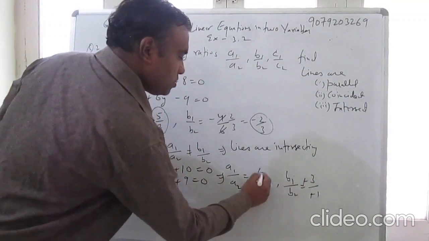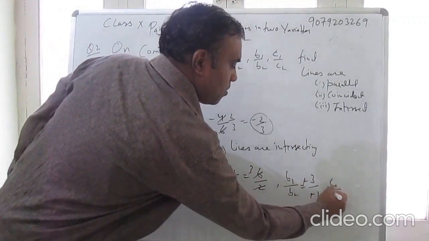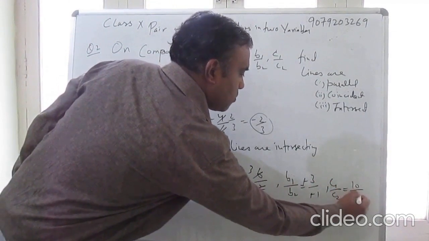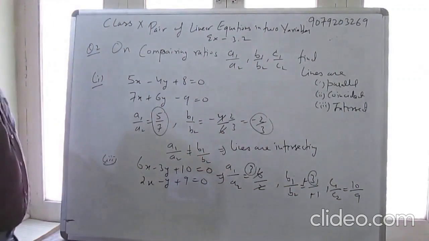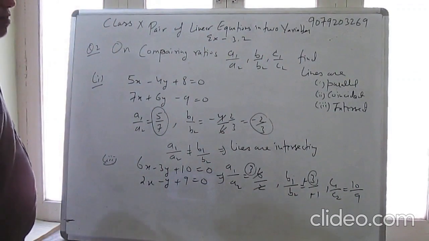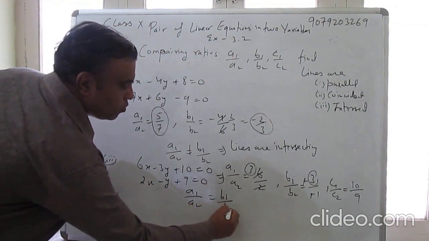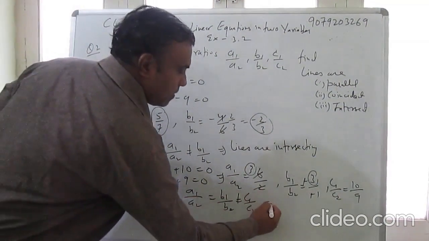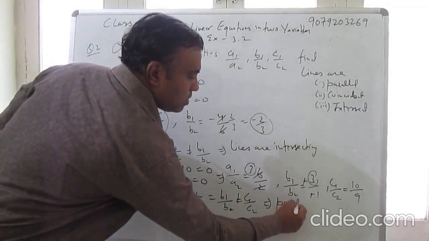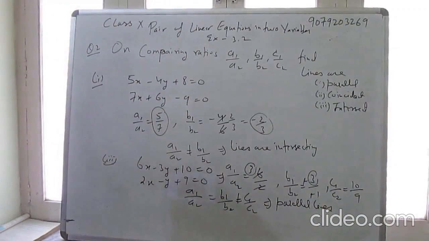This cancels out: this comes to 3, this comes to 3. Now for C, C1 upon C2 equals 10 upon 9. These two are equal and the third one is not equal. So what is the condition here? A1 upon A2 equals B1 upon B2 not equals C1 upon C2. This is the condition for parallel lines.